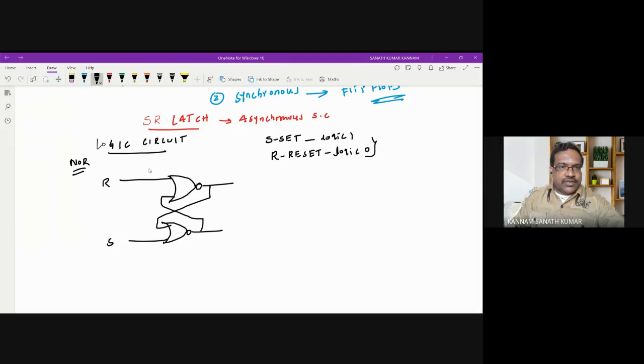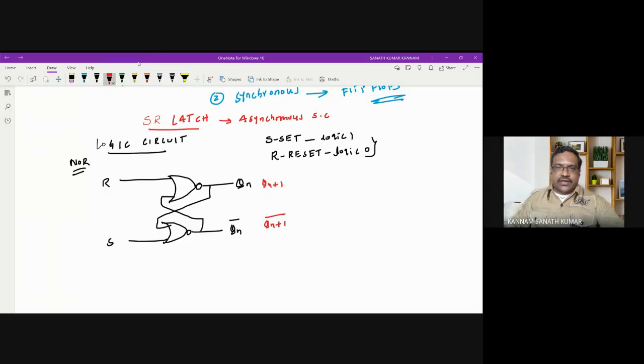So here first R is connected and next S is connected, and you have the present state, Qn and Qn bar. Next, you have the next state, Qn plus 1 and Qn plus 1 bar. Most of the students confuse that Qn is the present state and Qn bar is the next state.